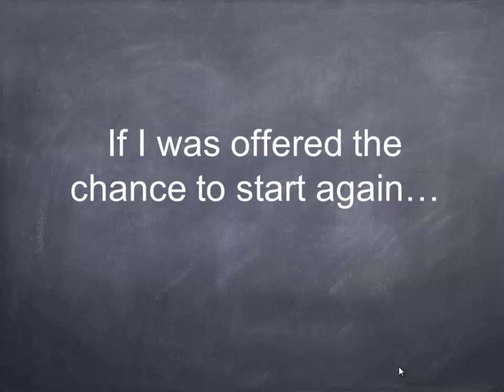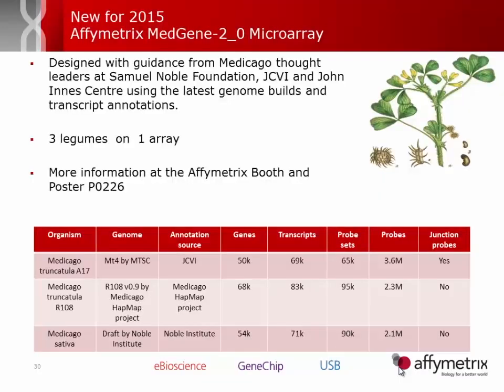If I was offered the chance to start this again, firstly I'd hire an army of people to help me with the brushing, but secondly I'd pick up the new version of the Affymetrix Medicago chip, which is out this year. This has been constructed with the guidance of many people from the Medicago community. It's based on the latest annotation, so this version is much more complete than the previous version.